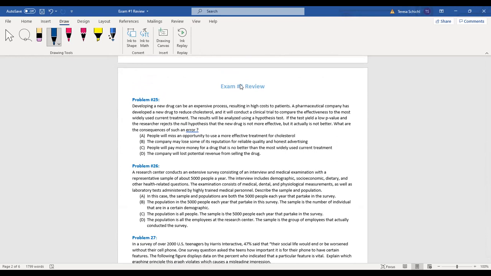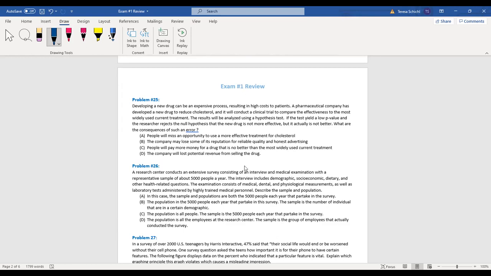The result will be analyzed using a hypothesis test. If the test yields a low p-value and the researcher rejects the null hypothesis that the new drug is not effective, but it is actually not better, what are the consequences of such an error?